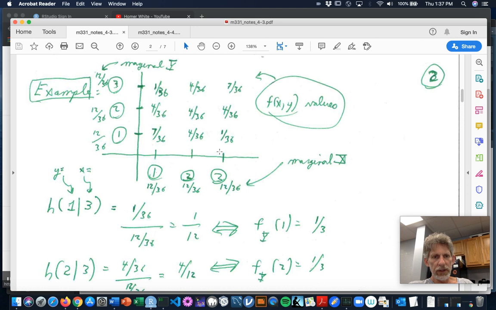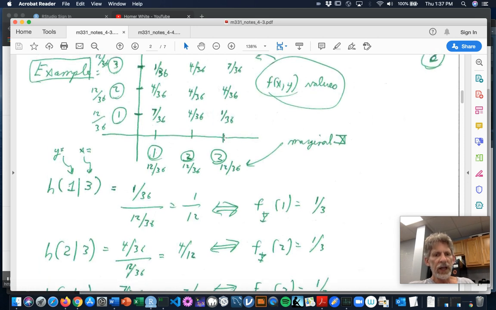So X is 3, Y is 1 takes us to here, 1/36. And we have to divide by the chance that X is 3, and that's the 12/36 down here. The 36s cancel, which is kind of like you're just zooming in on this particular set of possibilities. And anyway, you get 1 over 12.